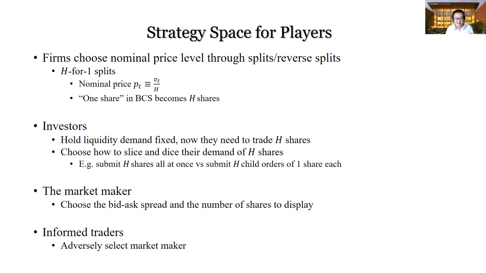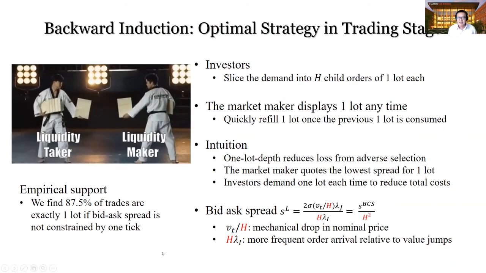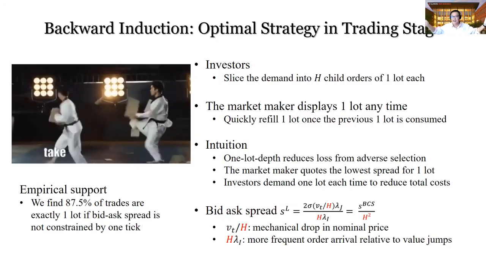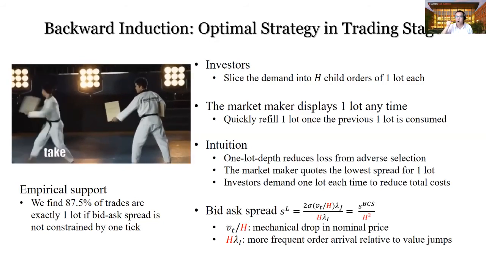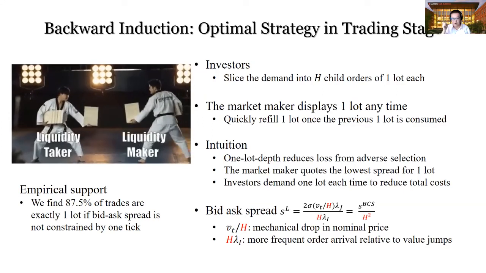The market makers choose the bid-ask spread and the number of shares to display. And for informed traders, the strategy is to adversely select the market maker. So what does the equilibrium look like? The investors' best strategy is to slice the demand into H child orders of 1 lot each. They will not submit demand of more than 1 lot at a time. And the market maker displays 1 lot at any time.